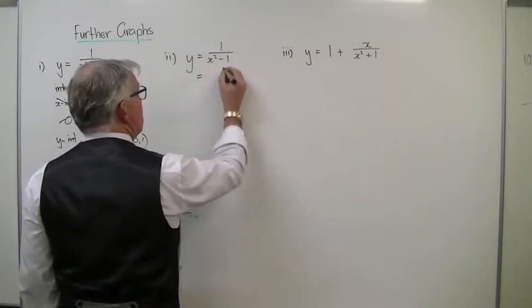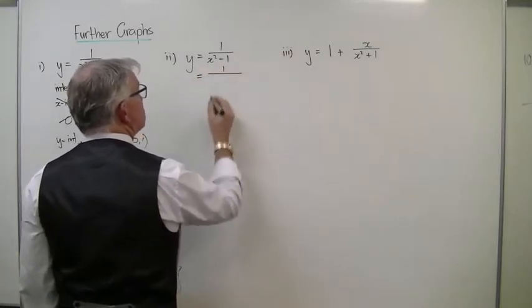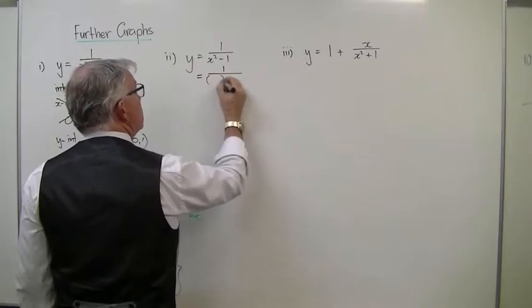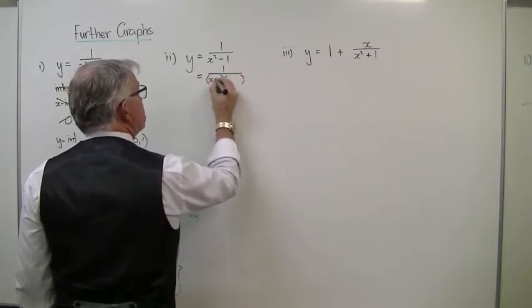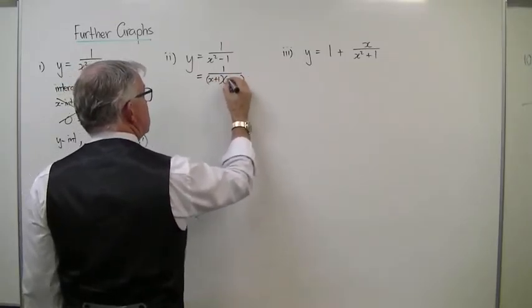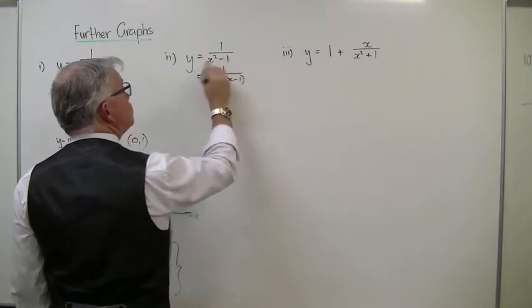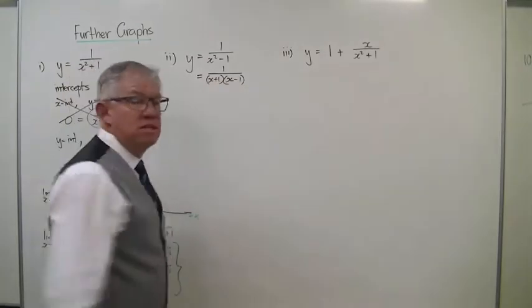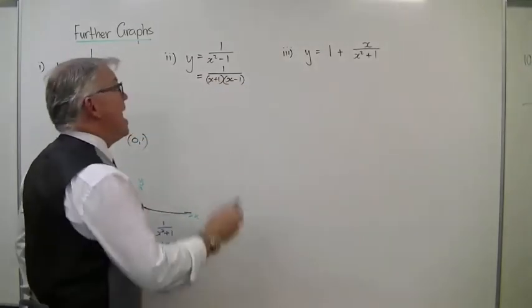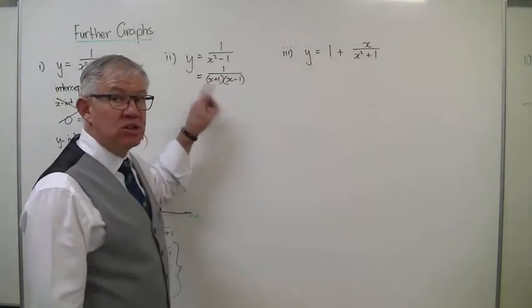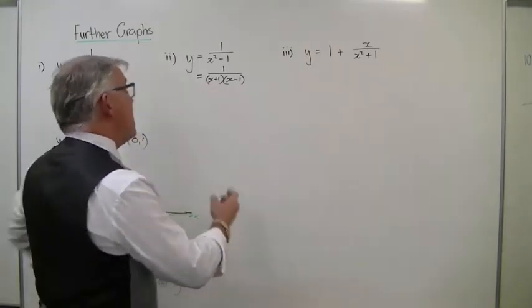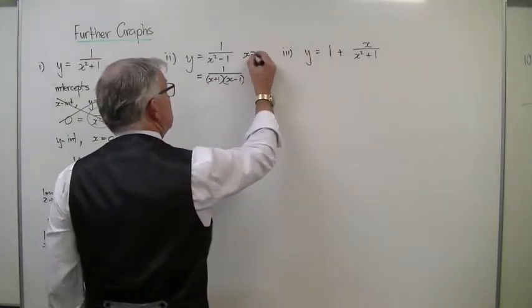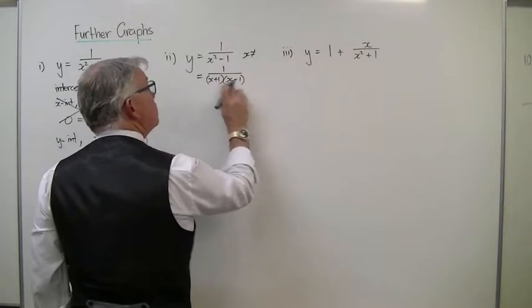Now, to do that, it's often, if it's possible, very useful to factorize the expression in the denominator. And this is a difference of two squares, and a difference of two squares will factorize like this, x plus 1 and x minus 1. And because we're not allowed 0 in the denominator, definitely x does not equal minus 1 or 1.